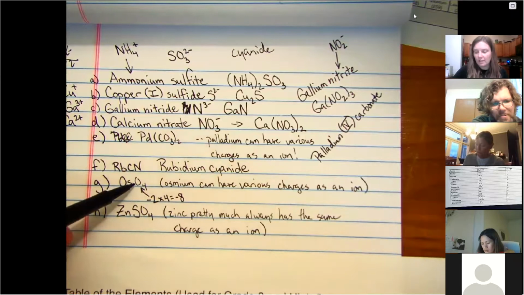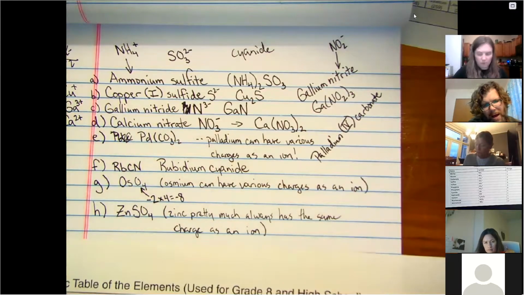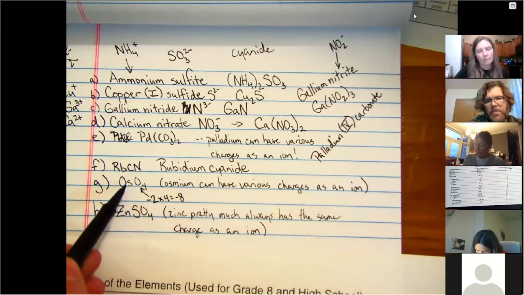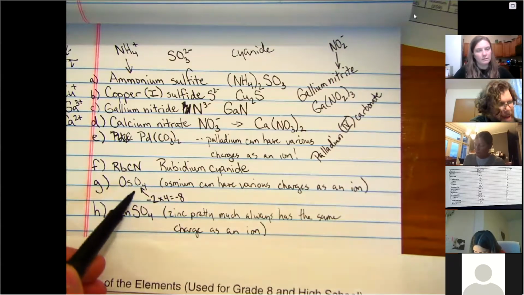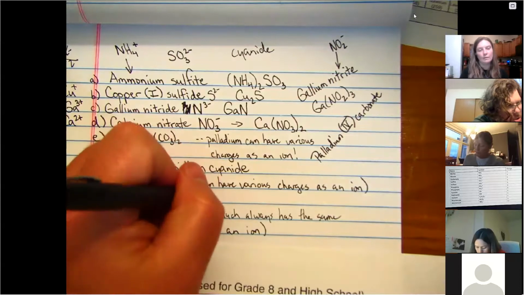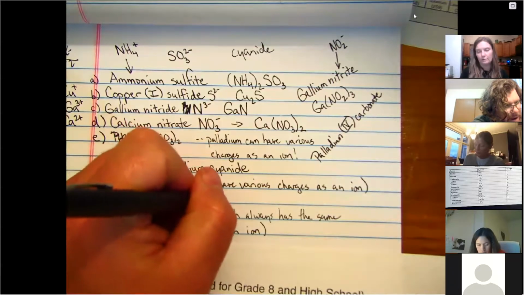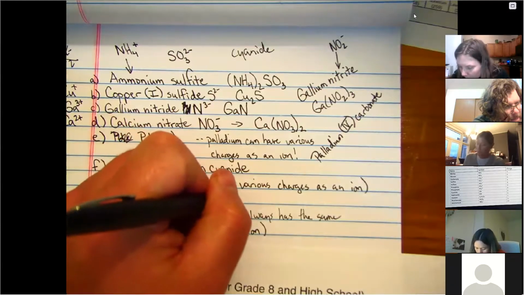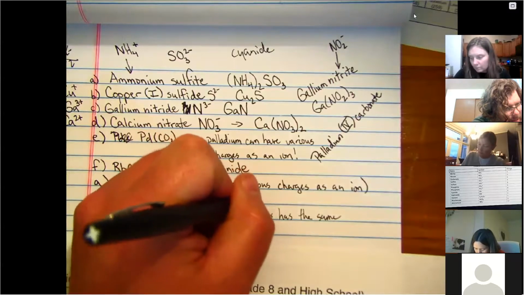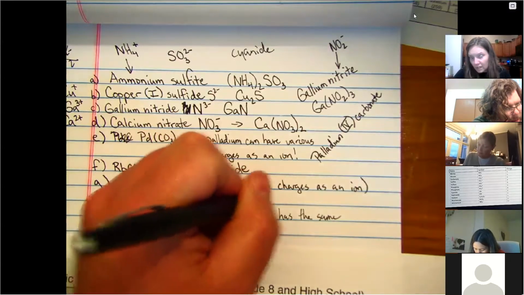So we have a total of -8 for those 4 oxygens. Because of that, that one osmium has to have enough positive charge to balance out that -8 charge, which means the correct name for this compound is osmium(VIII) oxide.